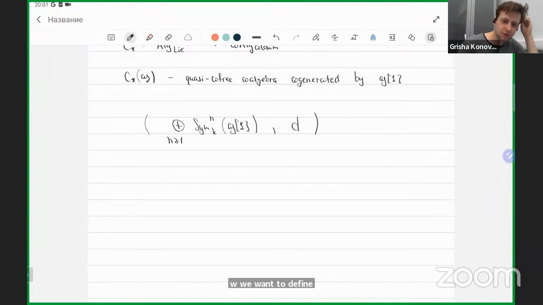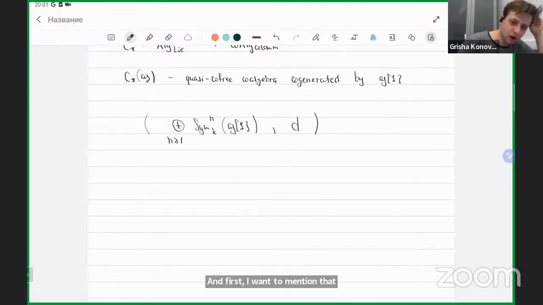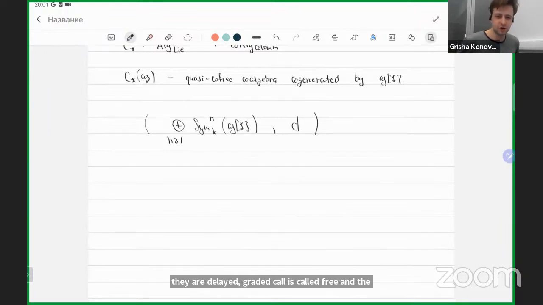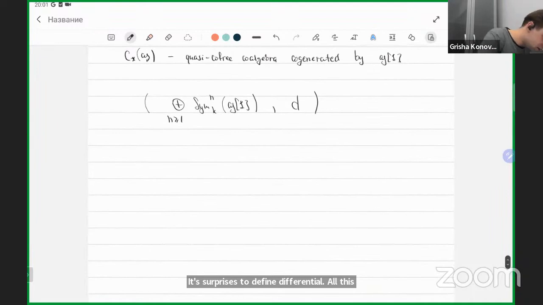First I want to mention that because the underlying graded coalgebra is cofree, and the differential is supposed to be a coderivation, it suffices to define the differential on the cogenerators. And let me do that.